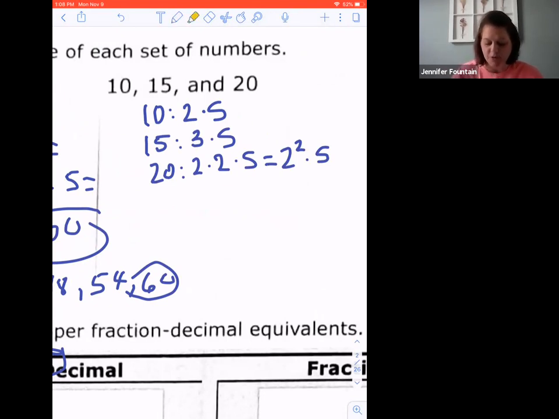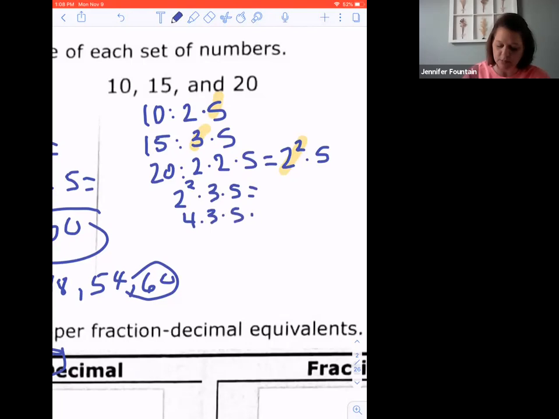My highest exponent of 2 is 2 squared. I have a 3 and I have a 5. So I would multiply those together: 2 squared times 3 times 5. 2 squared is 4. 4 times 3 is 12. 12 times 5, again, is 60.